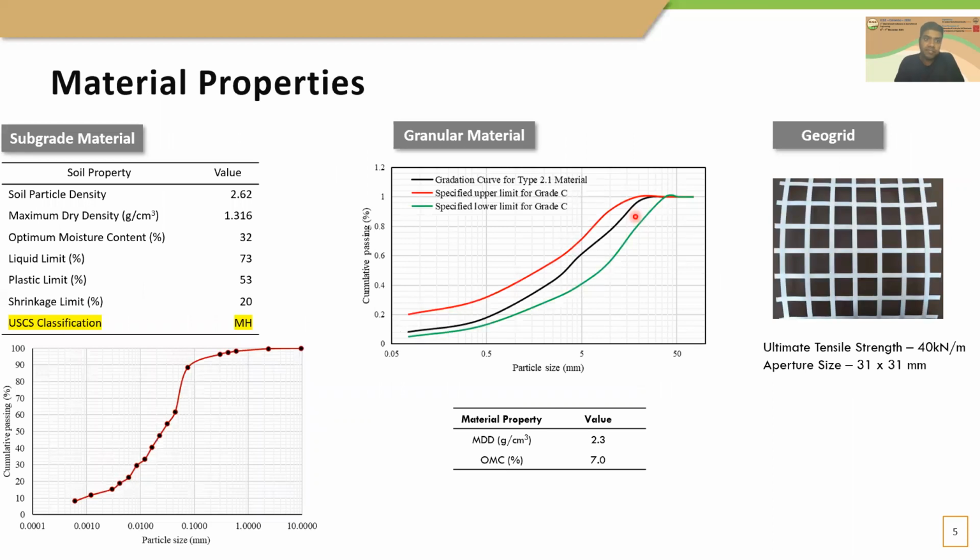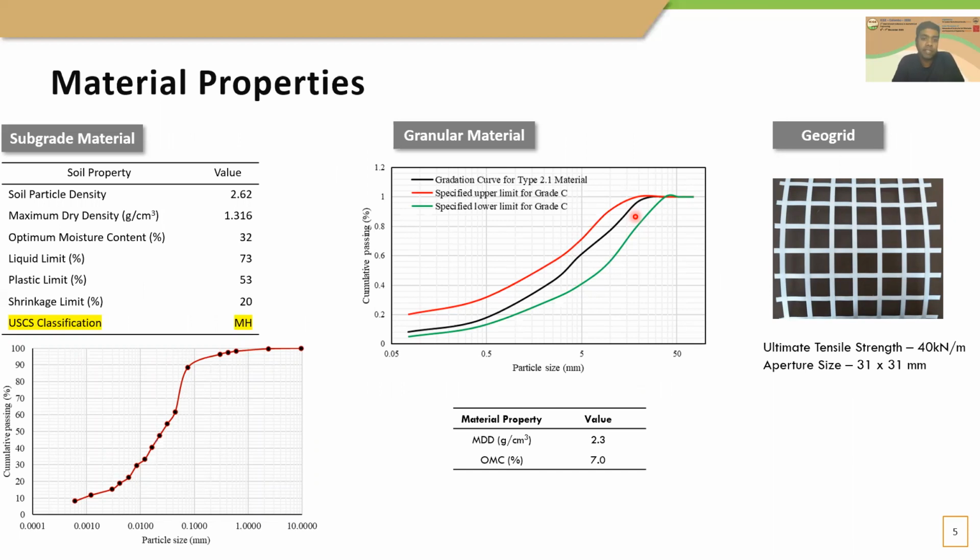So these are the materials we used. We used clay type soil as the subgrade material, which is classified as high plastic silt. And we used type 2.1 road-base material, which is based on the Queensland Department of Transport and Main Roads classification. It is similar to the aggregate base course that we use in Sri Lanka, but here we have a different classification.